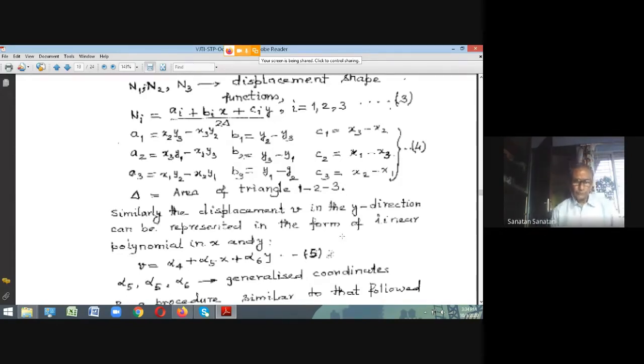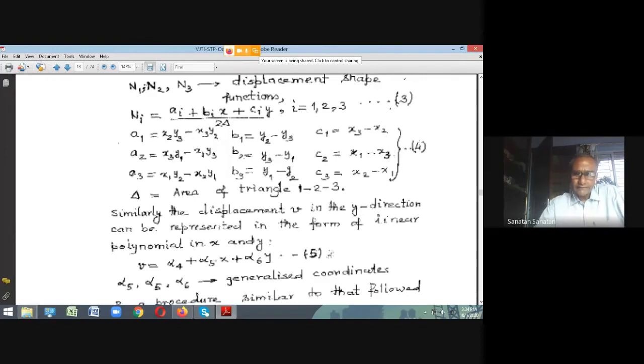Please, I just want you to spend 1 minute on this slide. You see that these constants involve a, b, c, and then the constants b1, b2, b3.